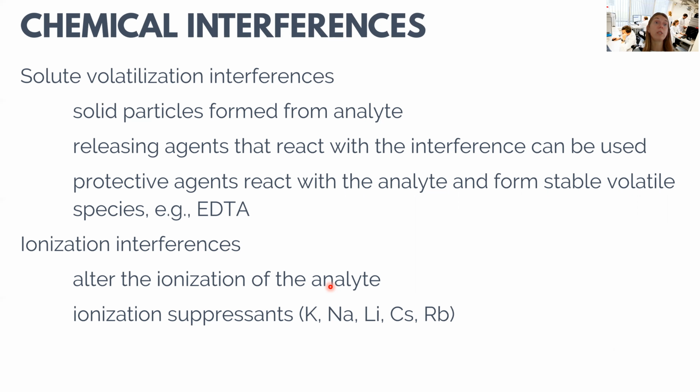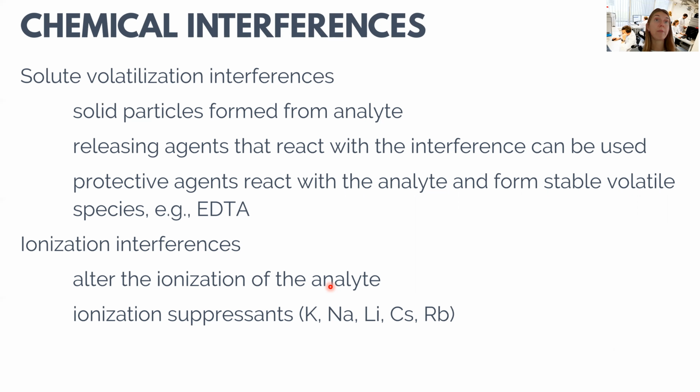For example, into this kind of interferences class fall different anions that form very stable particles with our analytes. For example, phosphate is known to cause this effect for calcium.